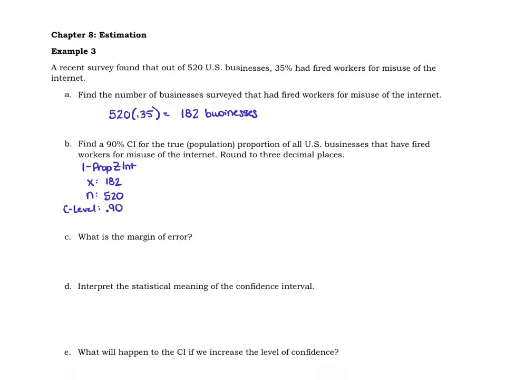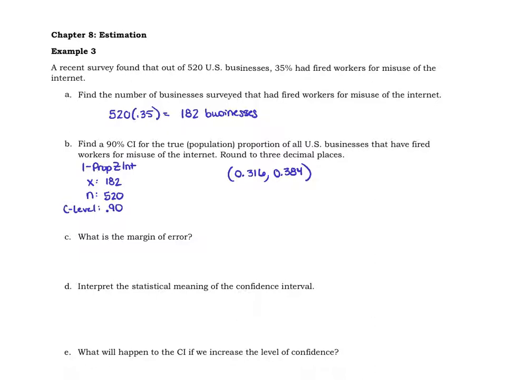And we will get an interval, rounding to 3 decimal places, of 0.316 to 0.384, okay? All right, now for the margin of error, again, we can go one of 2 ways. You can subtract the upper boundary minus the lower boundary and divide by 2.